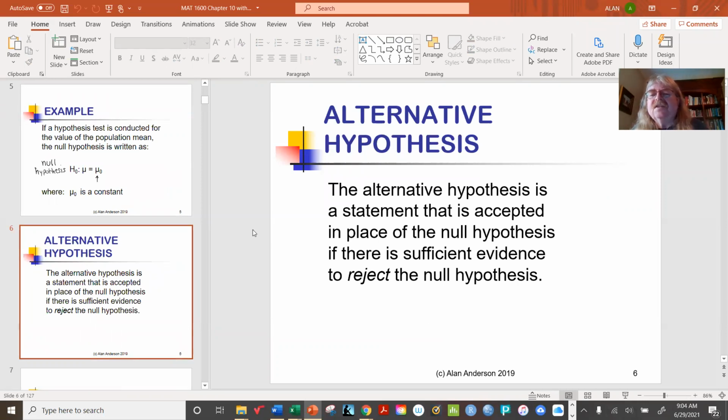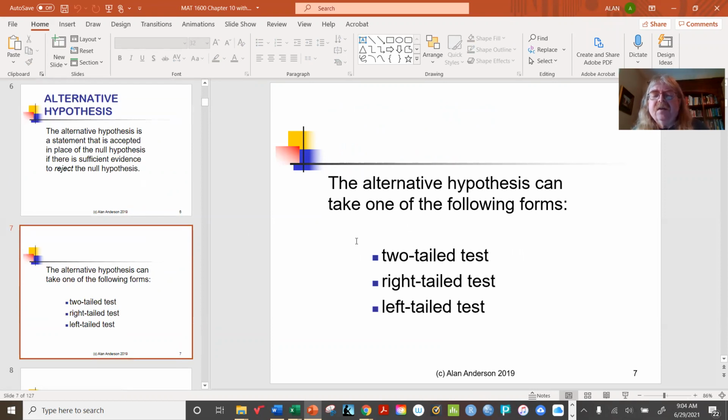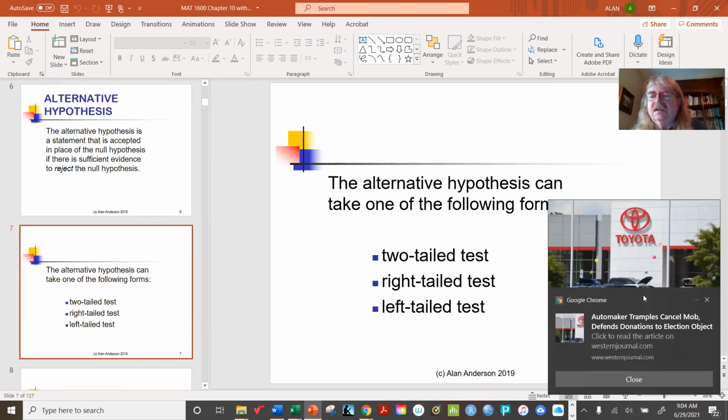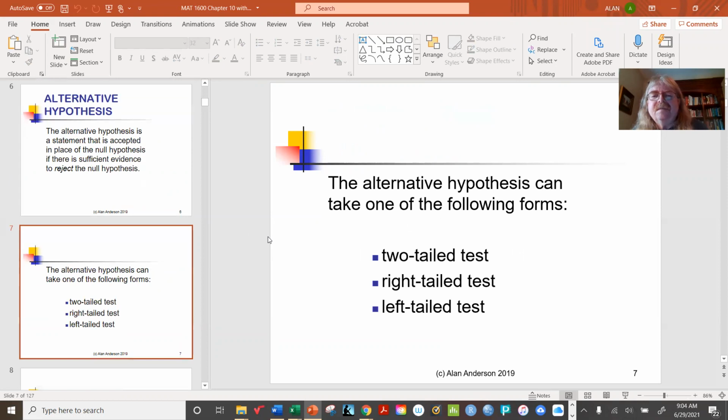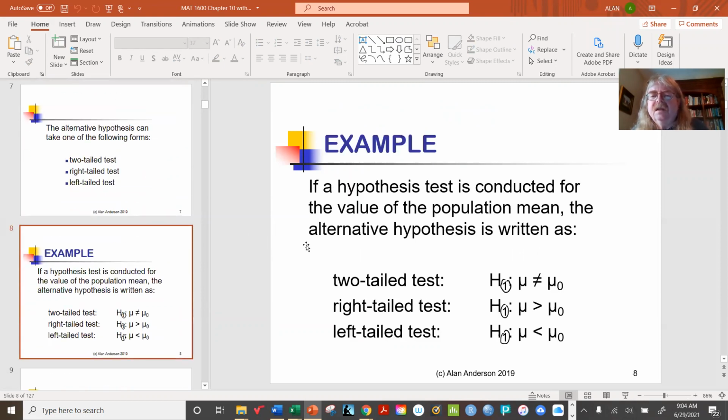Now, the alternative hypothesis can be set up in 3 different ways, and we called them the two-tailed, left-tailed, and right-tailed tests. But what that specifically refers to is this. In the case of the two-tailed test, the alternative, which by the way is designated H1 instead of H0, the 0 means the null, 1 means the alternative.